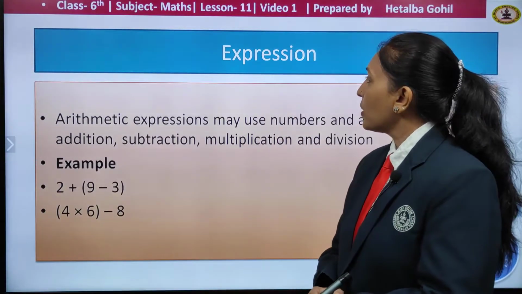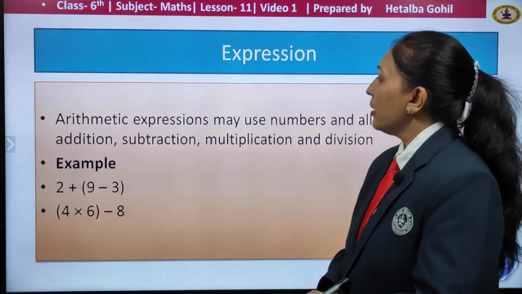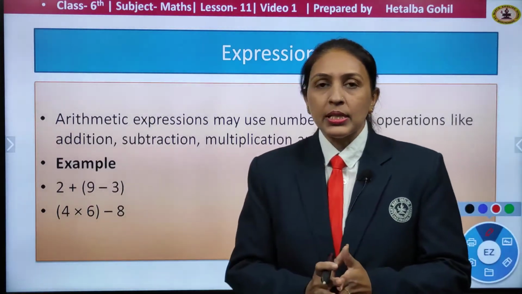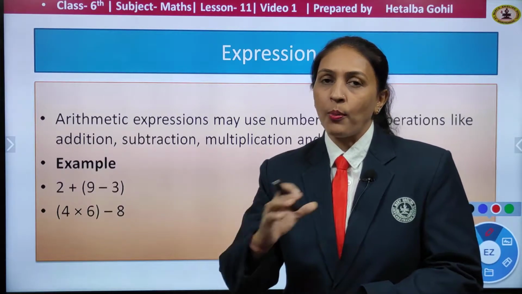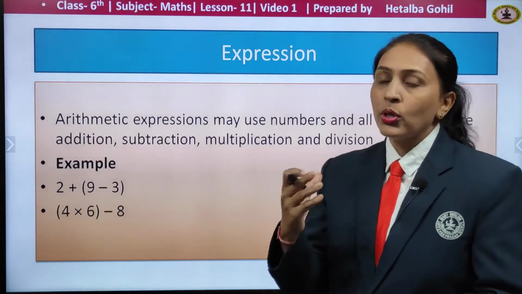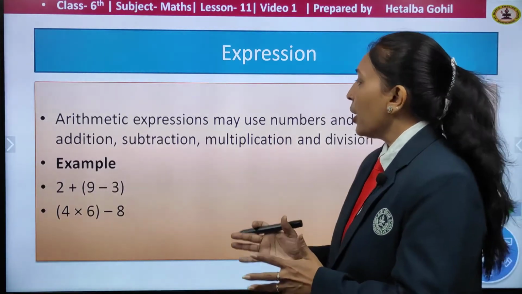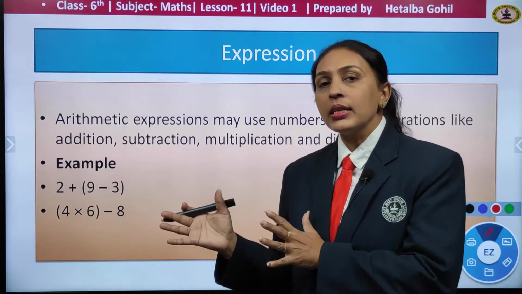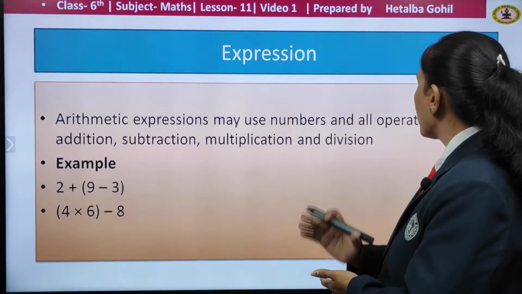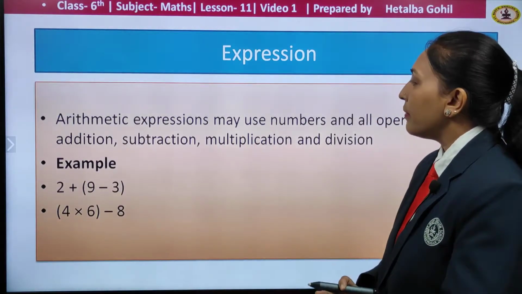Next, the concept we have here is expression. Now, children, using the variables, we make certain expressions to solve our problems. To know that unknown quantity, an expression has to be formed by us using the alphabets, numbers and certain operations like addition, subtraction, multiplication and division.